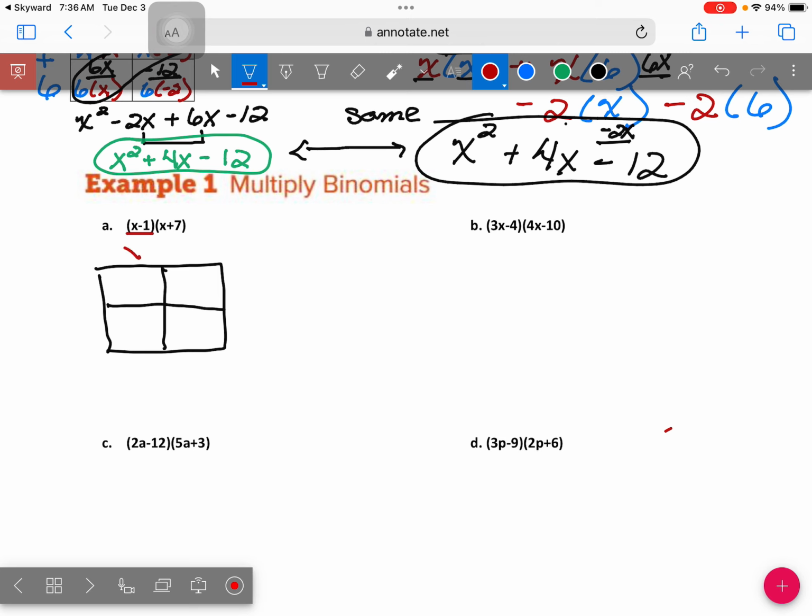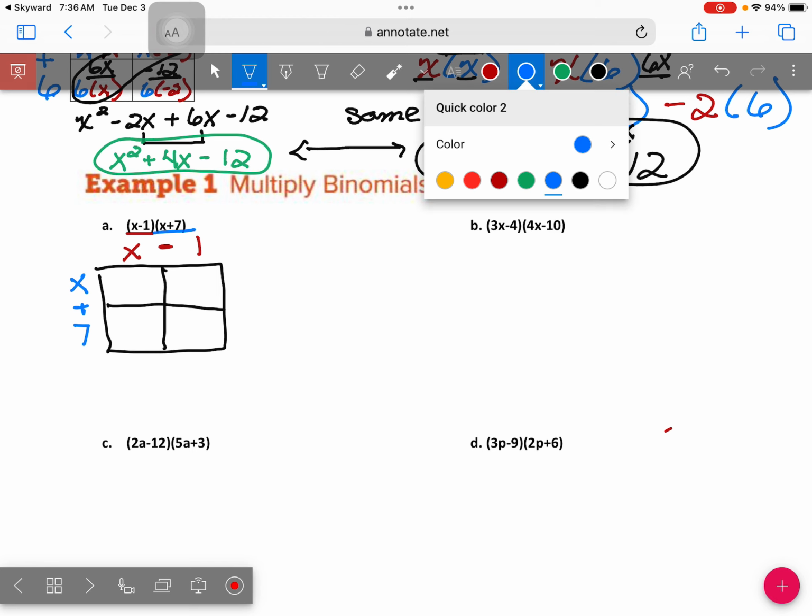So I put the first term above the first column. I put whatever operation above the vertical line. And then I put my second term of that first polynomial in the second column. And then x plus 7 goes along the side. But again, it really doesn't matter because you will get the same answer.